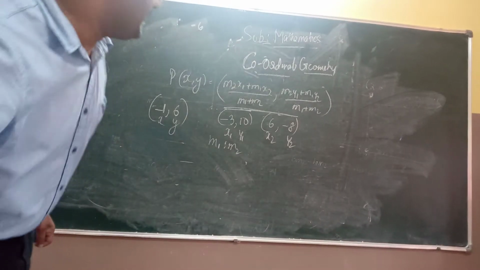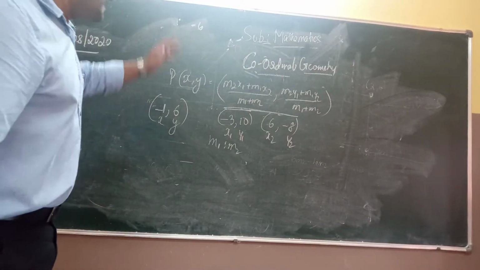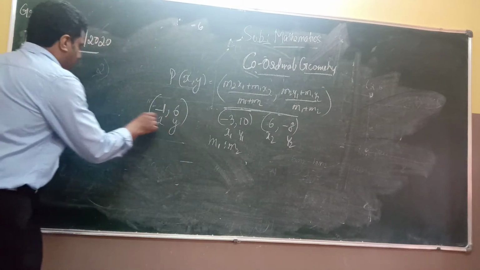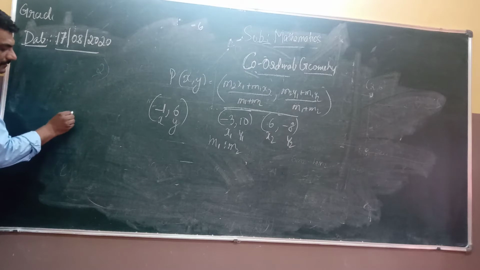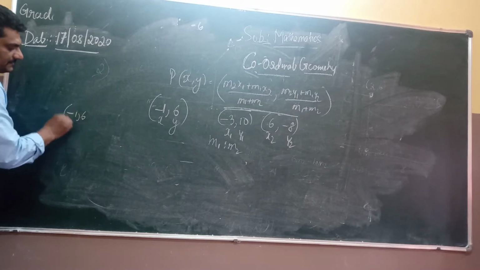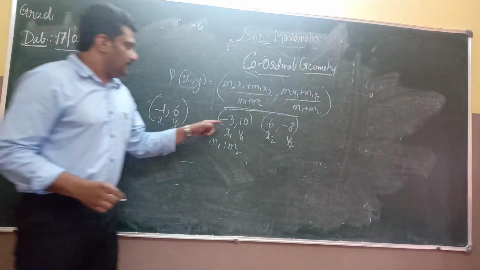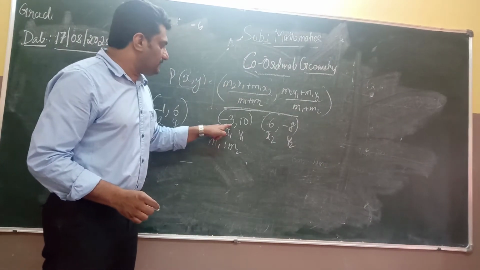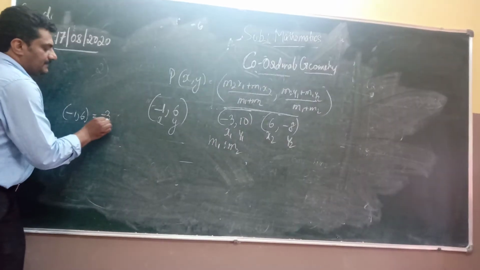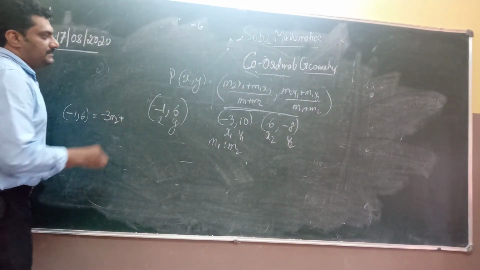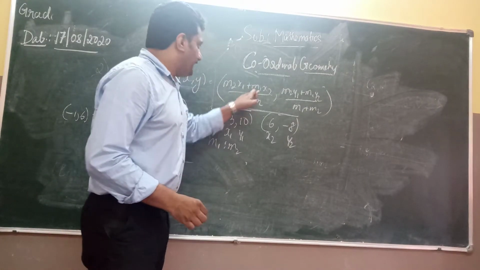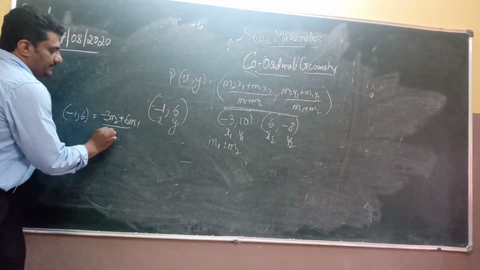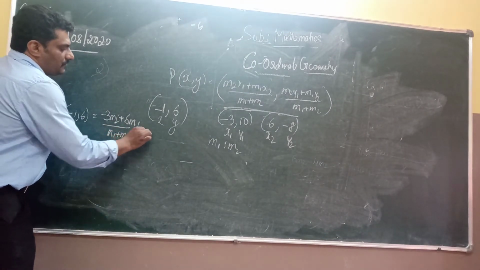Let's try. Last class I have done a similar problem. I just put in the numbers and I want you to continue from there. Here, (minus 1, 6) is equal to (m2 x1 plus m1 x2) divided by (m1 plus m2). m2 is as it is, x1 is minus 3, so minus 3 m2, plus m1 as it is, x2 is 6, so 6 m1, divided by m1 plus m2, comma.